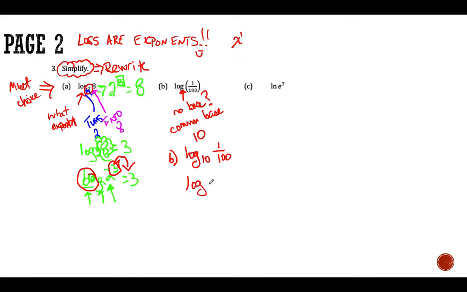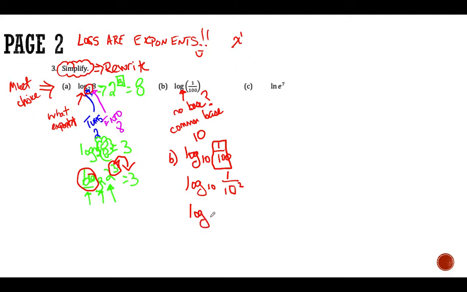The exponent that turns 10 into 1 over 10. Since logs are exponents, try to always get this piece. Think about what kind of exponent can go with that piece. Oh, that's 10 squared. Well, wait a second, that's still an exponent, but it's in a denominator.